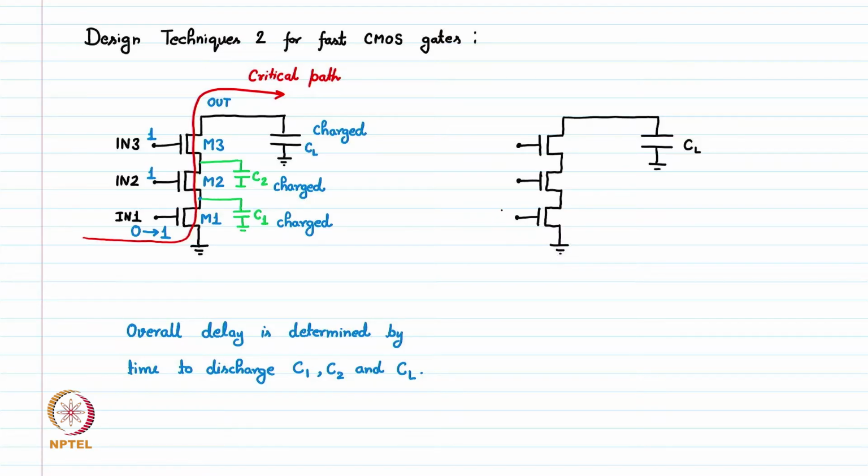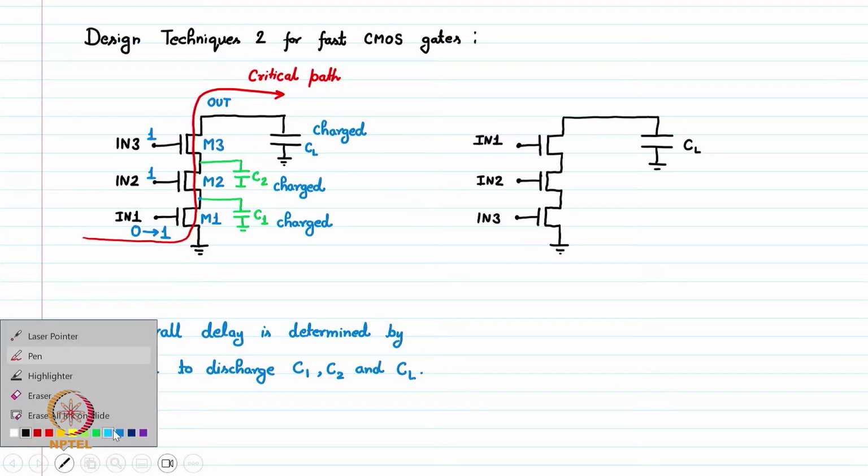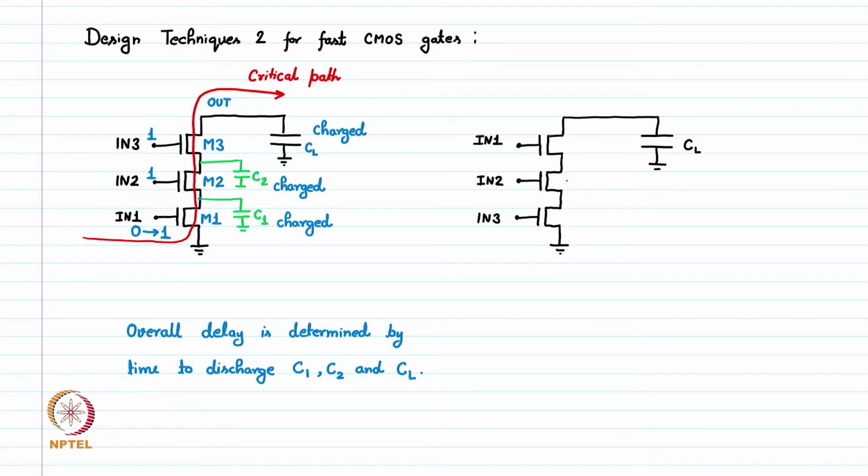These are the transistors. Now the input 1, instead of at the bottom, is right now at the top. So IN 1, and I apply IN 2 and IN 3. So I am just reordering the transistors, or we can say reordering the input signals. These transistors I am assuming the same.